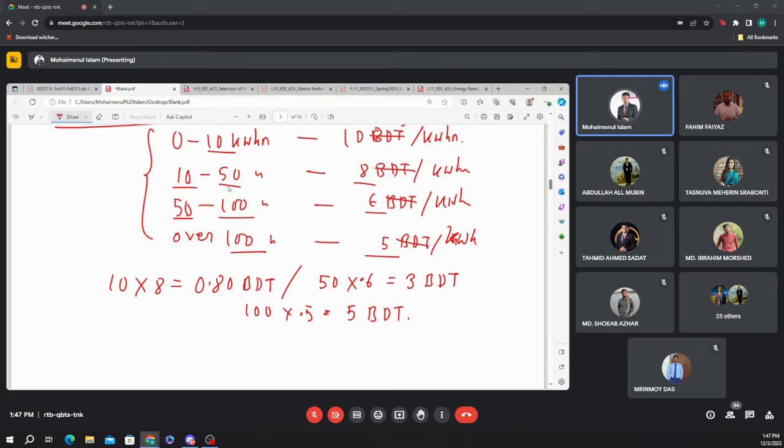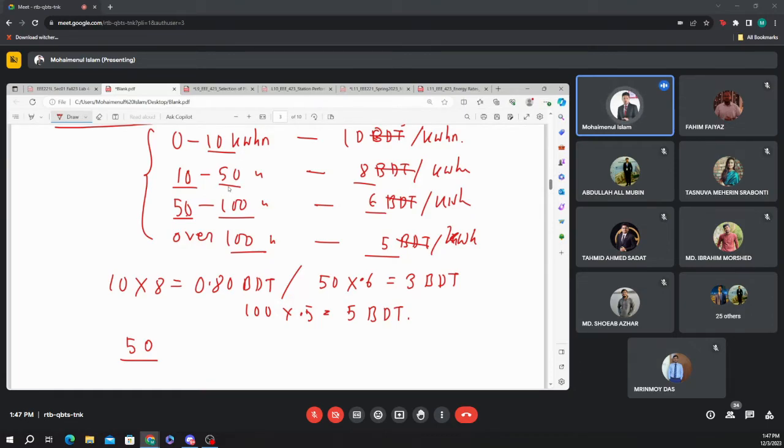10 taka. So we can write it 50 divided by the upper end of each constant. So it is 80, not the 50. Right?